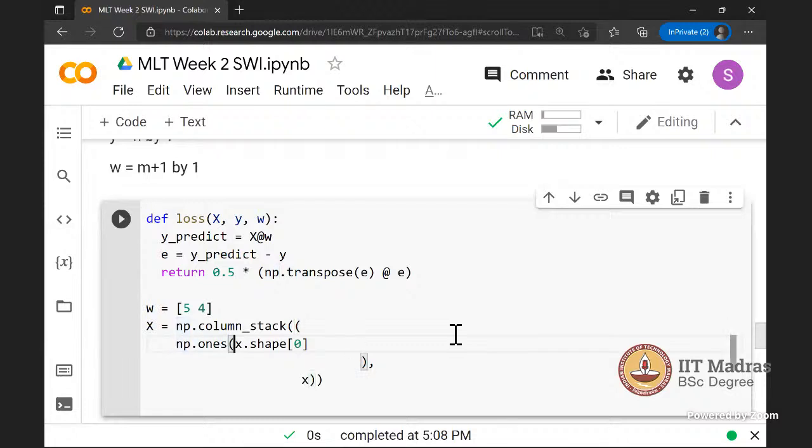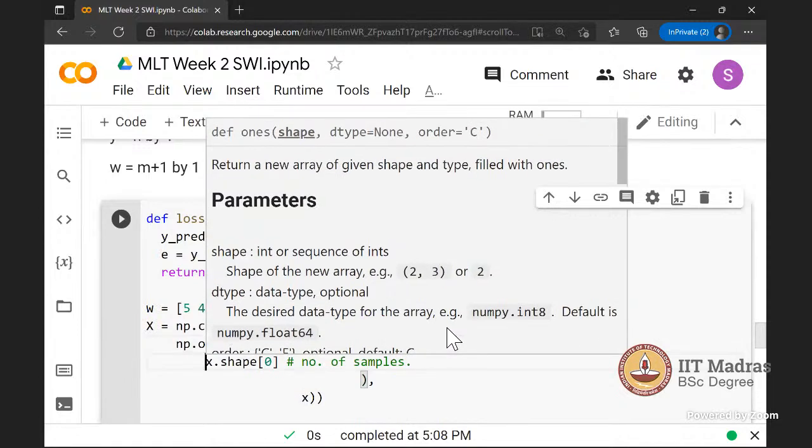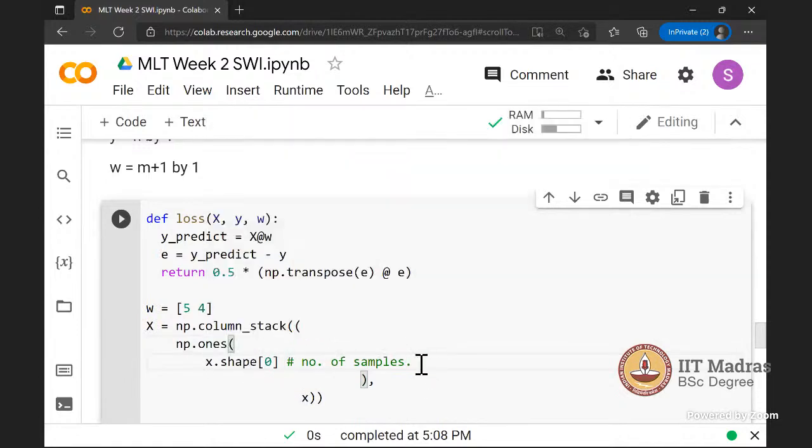And the number of samples we get is from this one, so I can write it like number of samples. This is x.shape, and inside, if I pass 0, I'm going to get the number of samples.